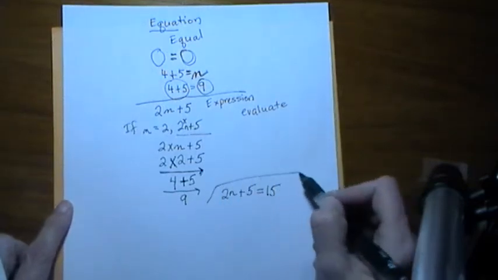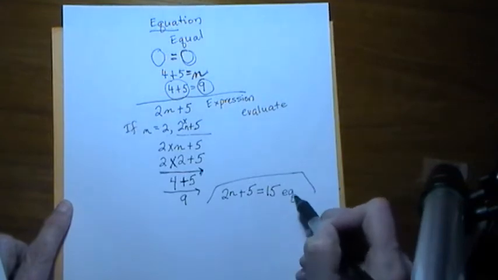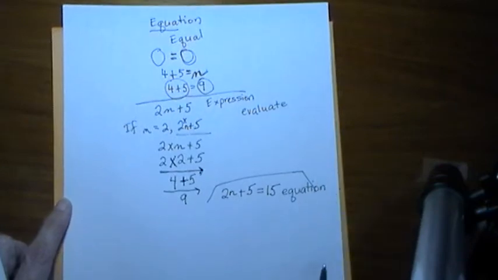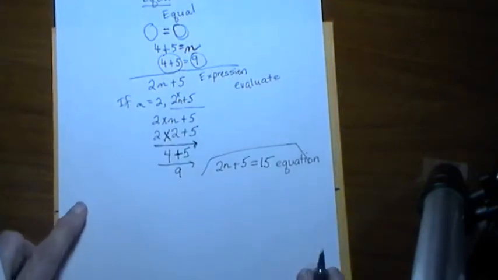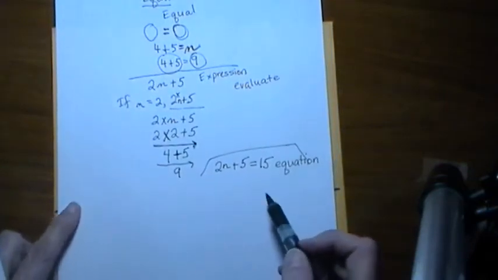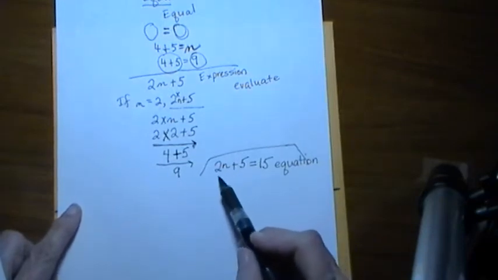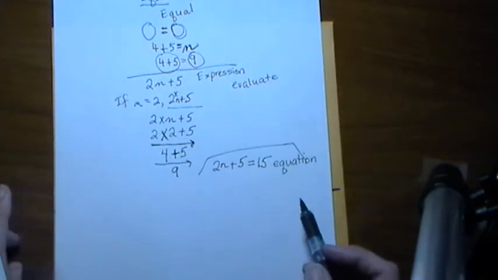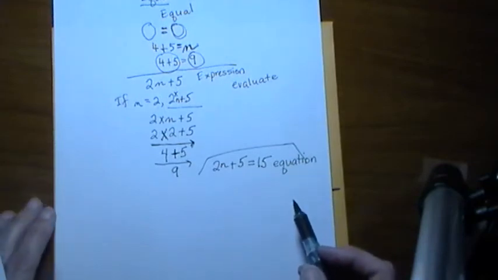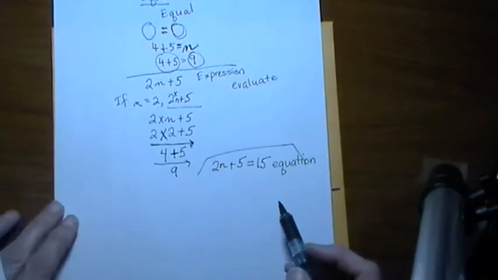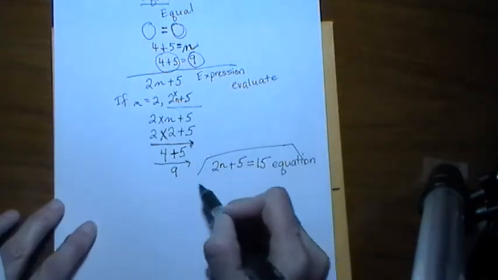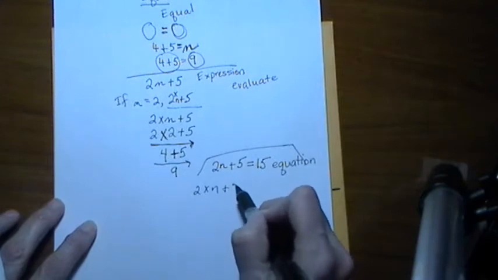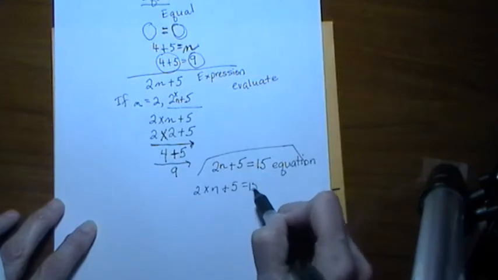So this will be our equation. Now, the rules in the order of operations tell us to work from left to right and to look for what's in parentheses first. Well, we don't see anything in parentheses, so let's rewrite this as 2 times n plus 5 equals 15.